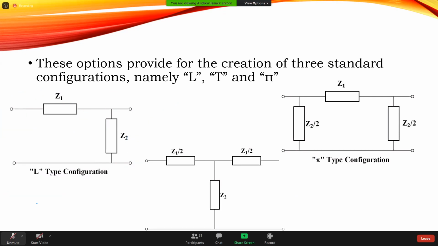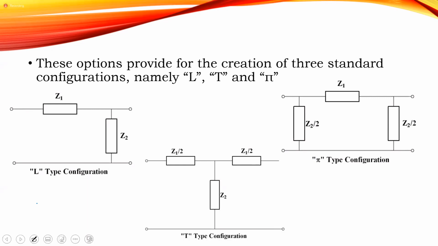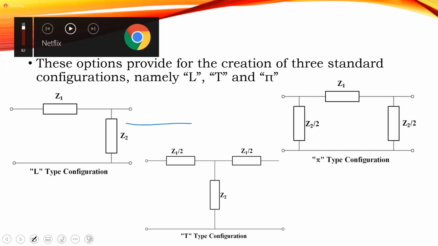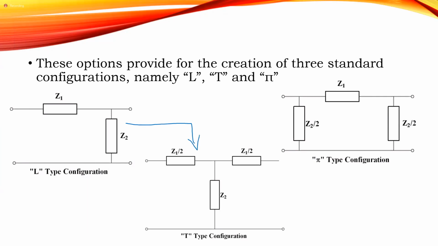All right. Now, if we start with the L-section filter, or the L-type configuration, what we are showing here is just how we move from the L shape to, let's say, the T. So for the T, what we have done is simply to divide Z1 by 2. And so that gives me my T section.